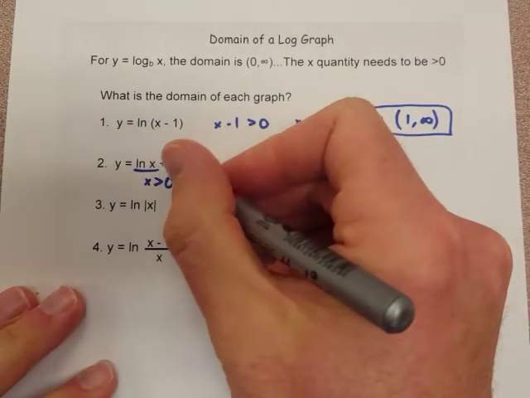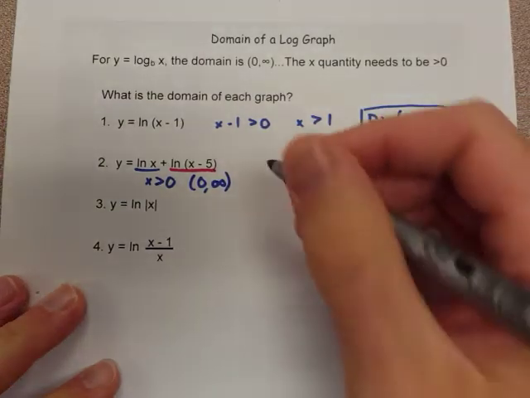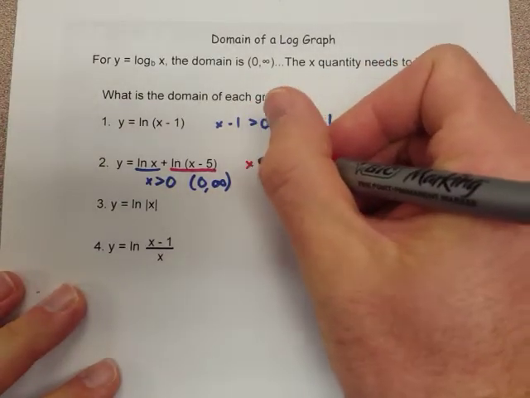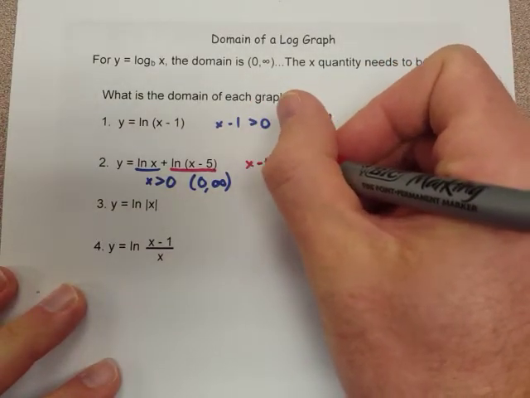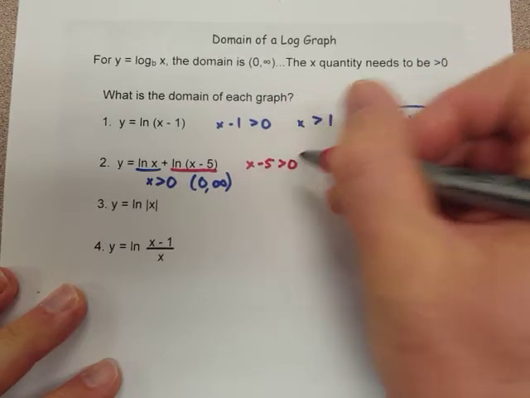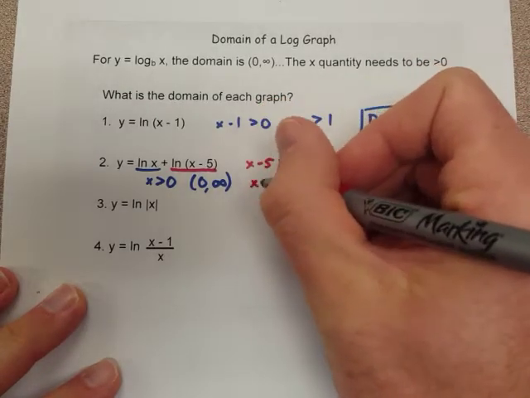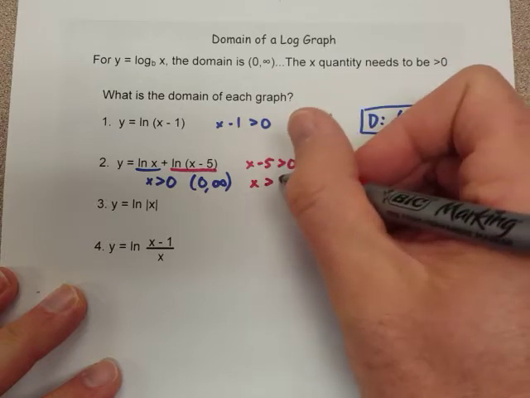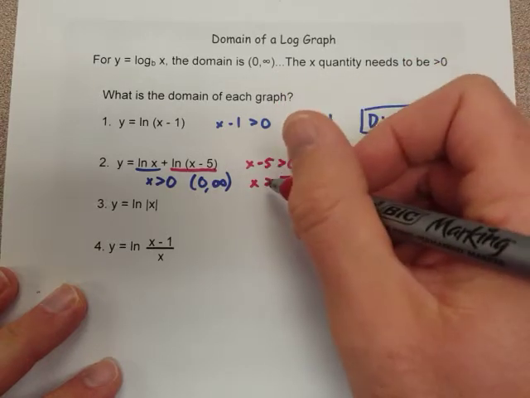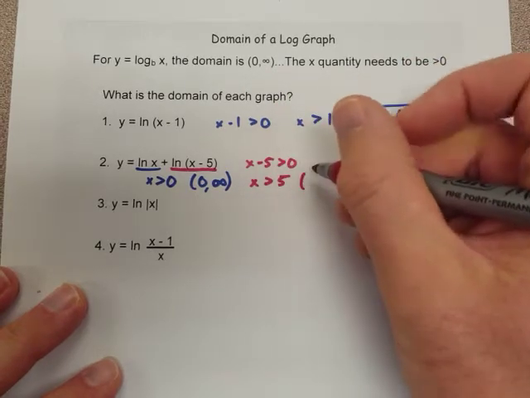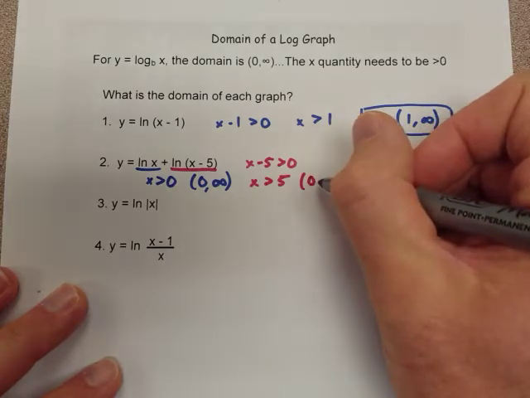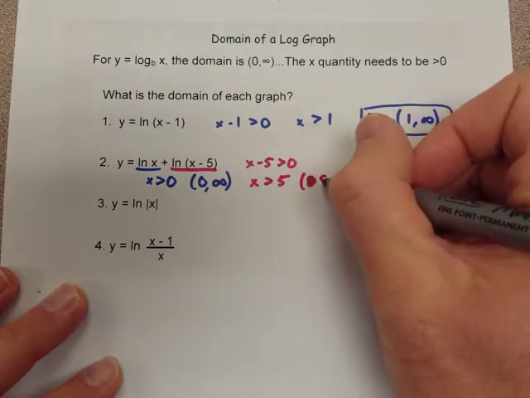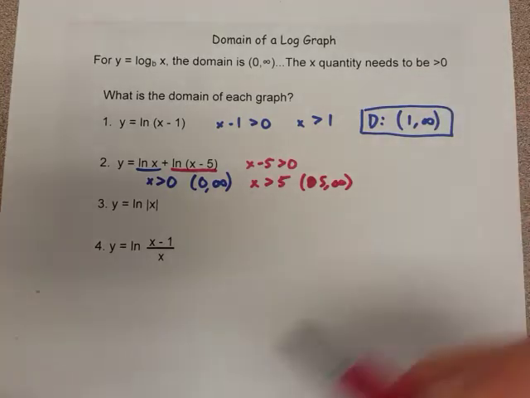For ln of x minus 5, like the last one, we're going to do x minus 5 greater than 0. And so that means that x is greater than 5. And so that, as interval notation, is, not 0, but 5 to infinity.